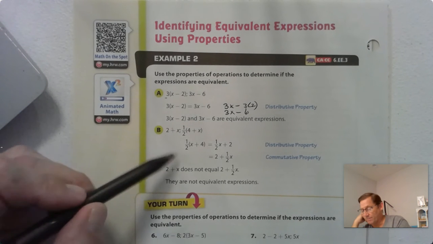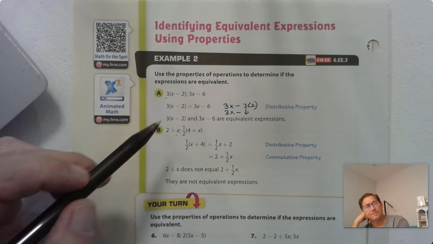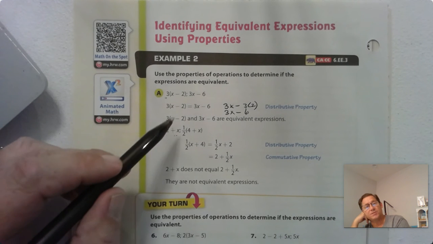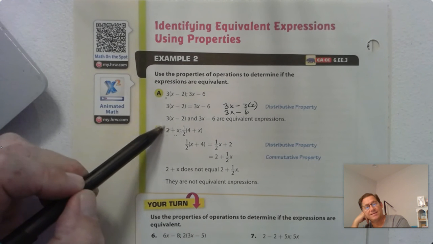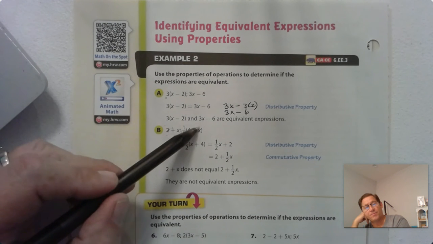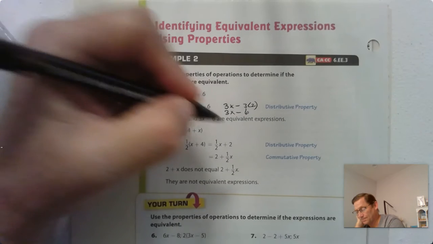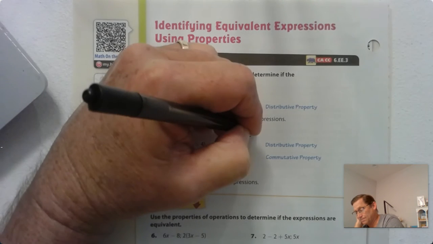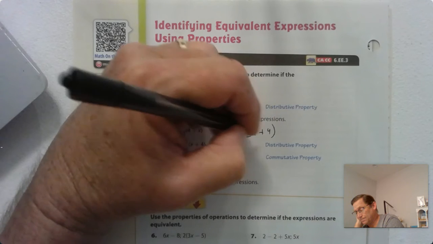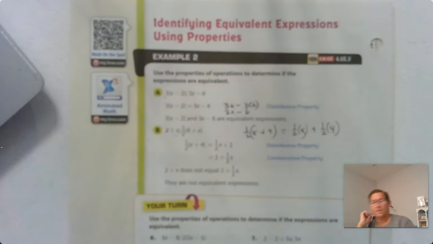All right, in this one, we have 2 plus x times 1/2. And the other expression is 1/2 times the sum of 4 plus x. Well, again, we don't need to do anything to this. We can use the distributive property for this and take 1/2 of 4 times... okay.